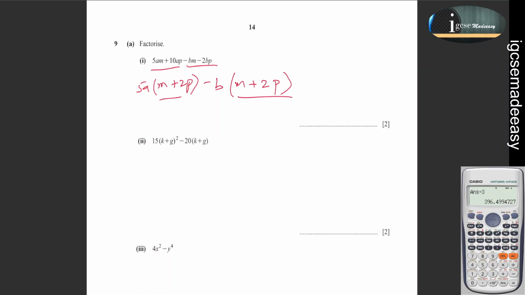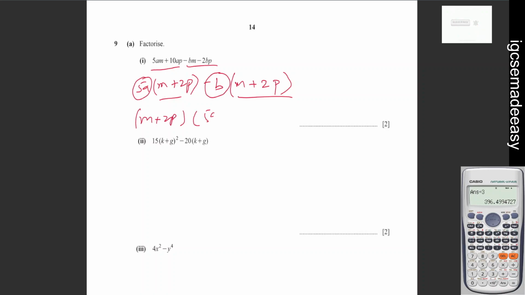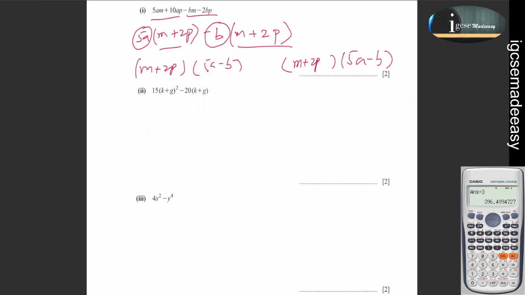So we have m plus 2p common, and then 5a minus b. So your answer is m plus 2p times 5a minus b.